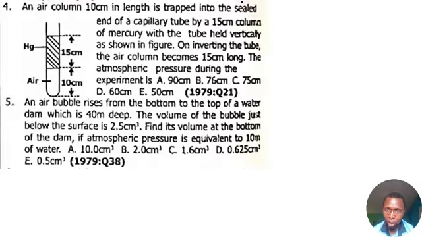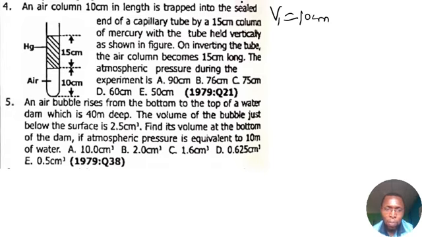So V1, our initial volume here, is 10 centimeters, but don't get it mixed up: the original unit for volume is not centimeter but centimeter cube. Now an air column 10 centimeters in length is trapped in the sealed end of the capillary tube by a 15 centimeter column of mercury.